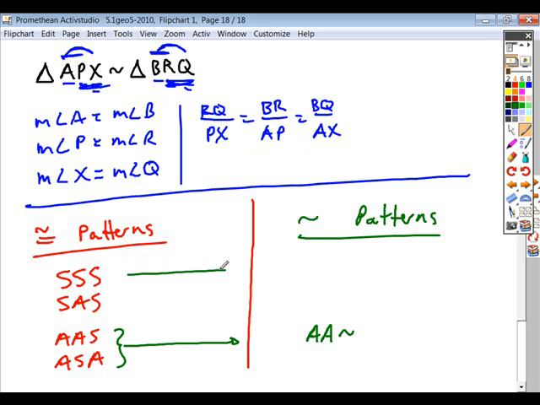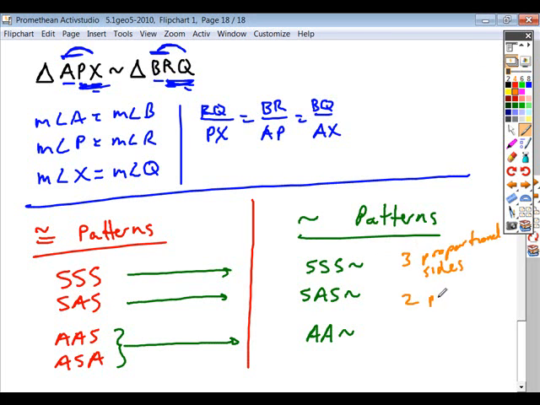Okay, and then the remaining two similarity patterns are derived straight from that congruence as well. So there's SSS similarity, SAS similarity. And again, what these represent is if you have three proportional sides, then the triangles are similar.